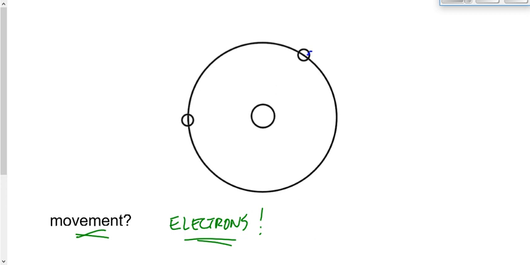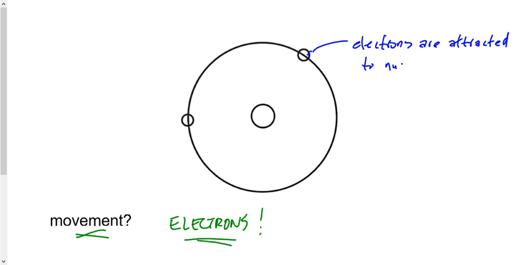There's protons in the nucleus, and there's electrons orbiting around. They're attracted. We're going to say the electrons are attracted to the nucleus by an electric force. Sometimes they call it an electrostatic force, sometimes an electric force. We'll call that Fe.